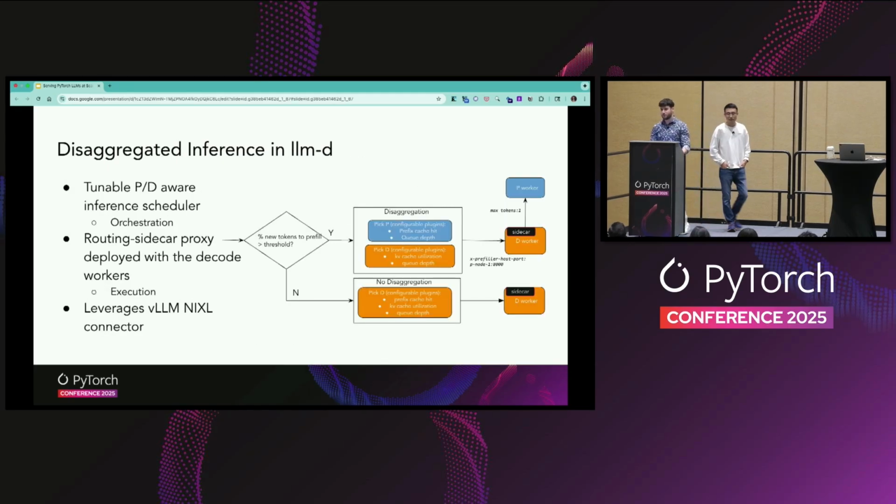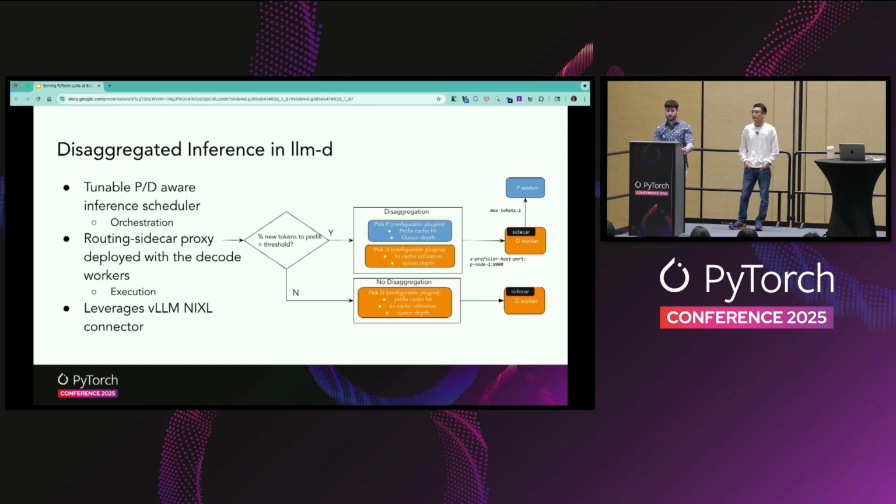Yeah, so this part will be slightly more technical. Everything I'm about to show is well documented on the llm-d.ai website and GitHub, so feel free to check it out there. We go over llm-d's implementation of disaggregated inference. So llm-d provides a tunable PD-aware inference scheduler. What that means is the scheduler is aware of the disaggregation. It plans the orchestration accordingly, and it hands off the execution.